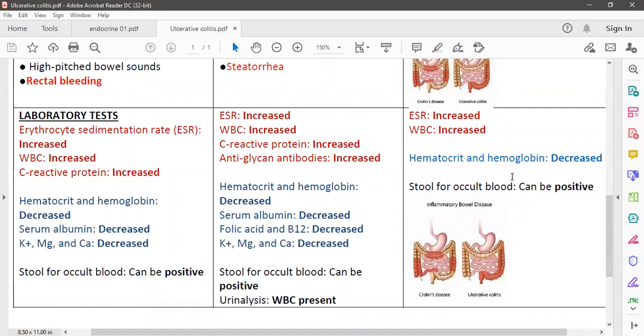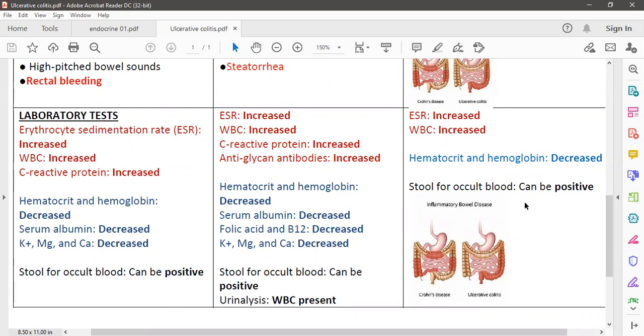Okay, and also tell them to eat a high fiber diet, and avoid seeds, nuts, and popcorn. So let me recap it, otherwise you miss this one. Nothing by mouth if the patient has an acute exacerbation, then progress to a low fiber diet.